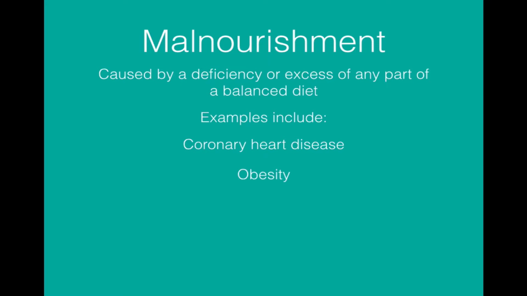Obesity, again, an excess of energy over and beyond the amount of energy that a person needs, leads to obesity. Constipation, a lack of fiber. Starvation, a lack of energy and food. And then you have deficiency diseases, which include things like scurvy, which are the result of a lack of a particular mineral or vitamin in your diet.